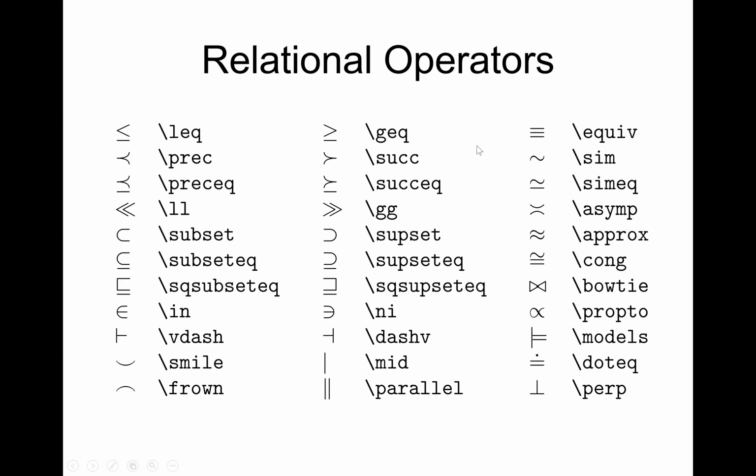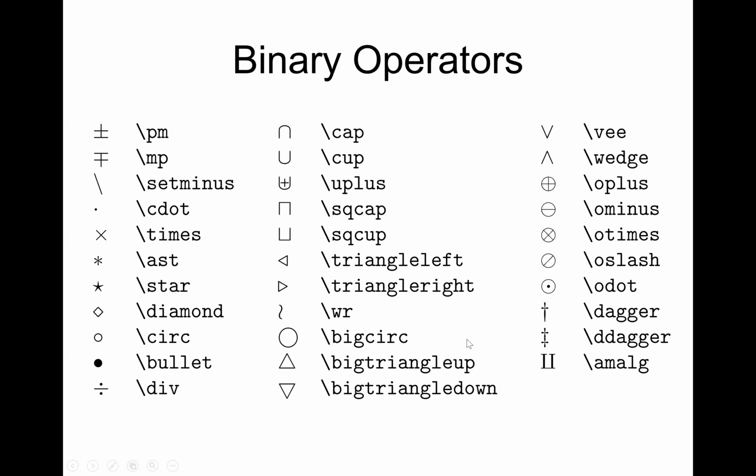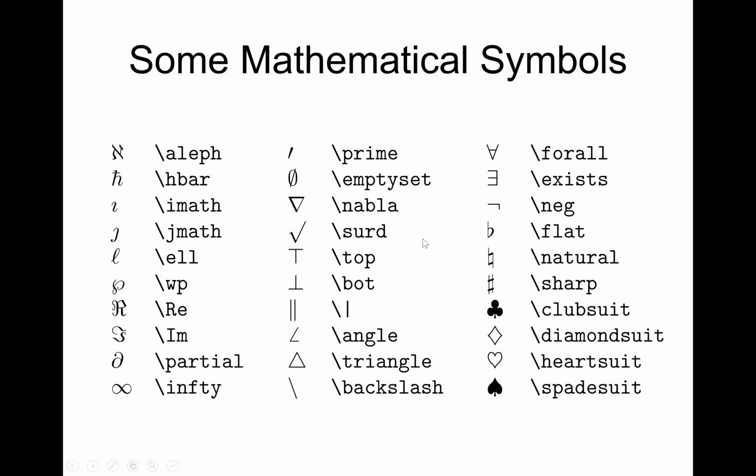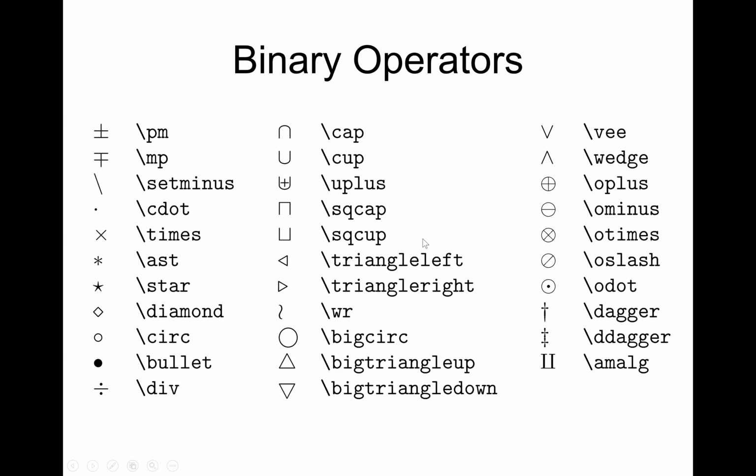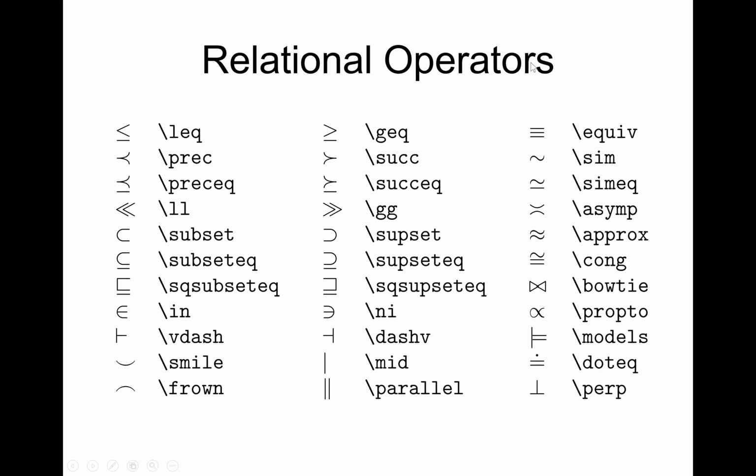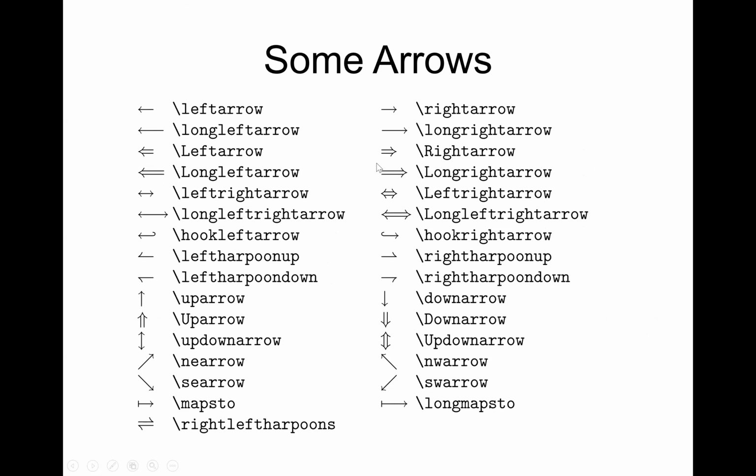Then they are grouped, these are binary operators, some general mathematics for you. And then these are relational operators, less than, greater than, and all these things found here. And then arrows, implies that, and then equivalence, and all these things are also discussed. You don't just read them, you practice with them.